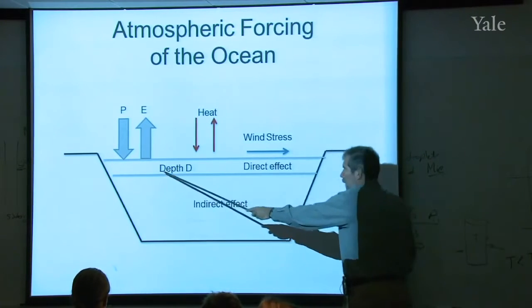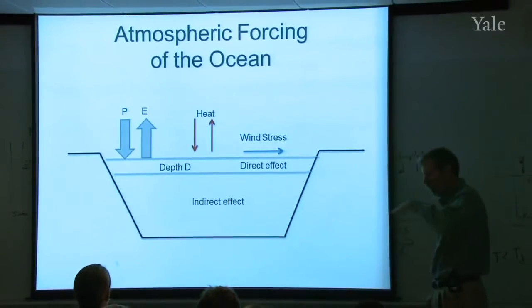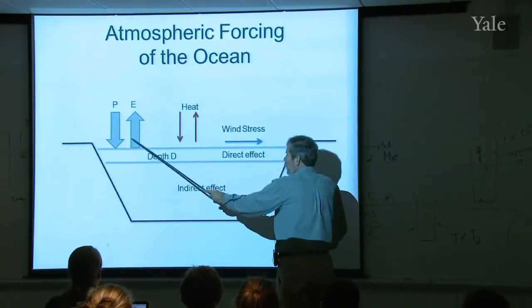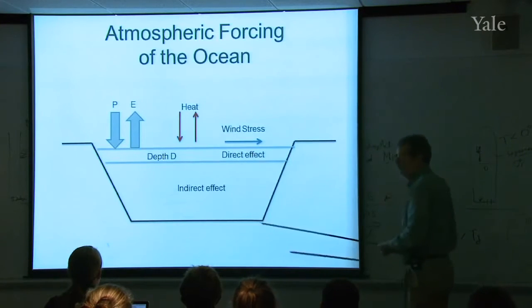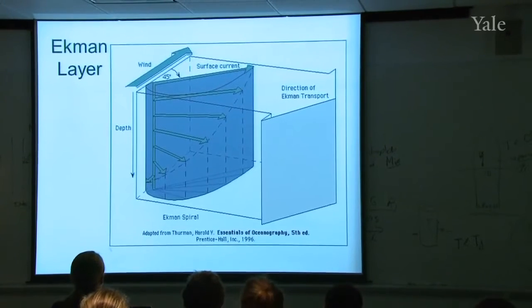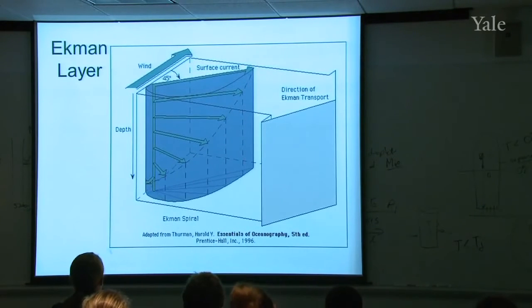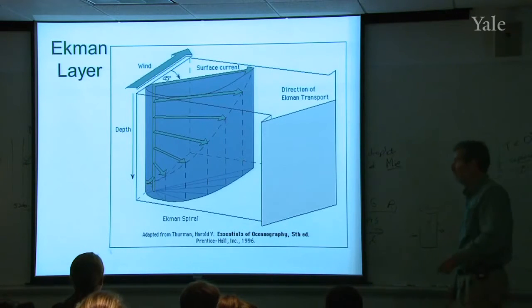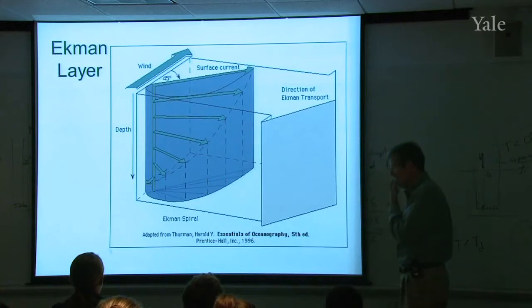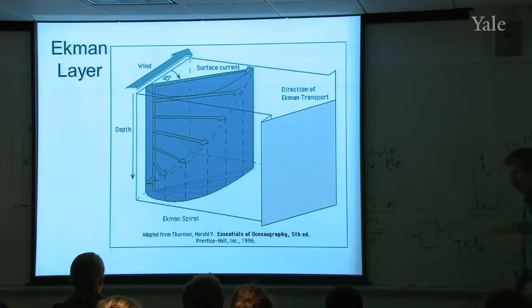How a layer of depth d, which will feel the direct effect of this forcing, would respond to freshwater, heat, or wind stress. And I won't go back over those derivations, but for the wind stress, which is I think the most difficult of the three, the concept involved this Ekman layer. When the wind blows over the ocean and puts a frictional stress on it, the first few tens of meters or hundreds of meters responds to that directly, but in an odd way.